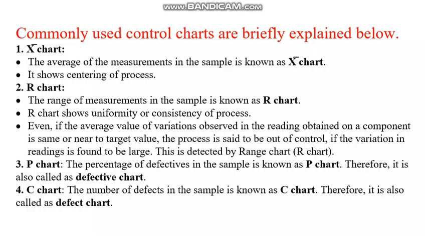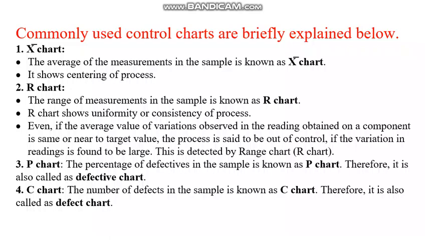Then the P chart. P stands for percentage of defectives. The percentage of defectives in a sample is known as the P chart. Therefore it is called the defective chart. Then there is something called the C chart.